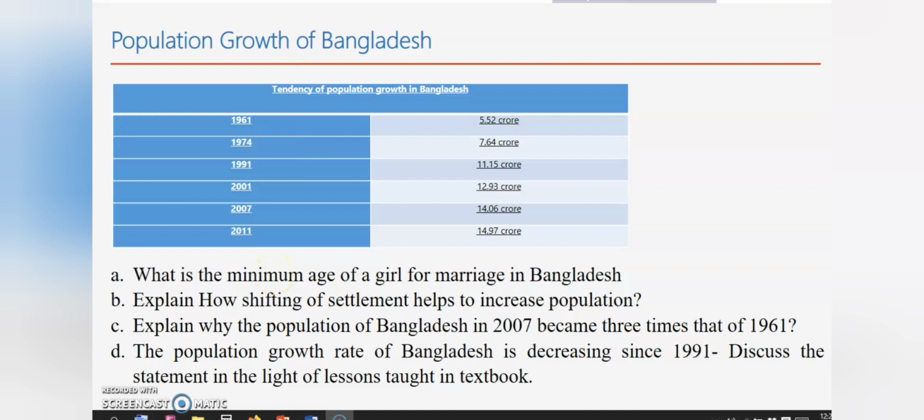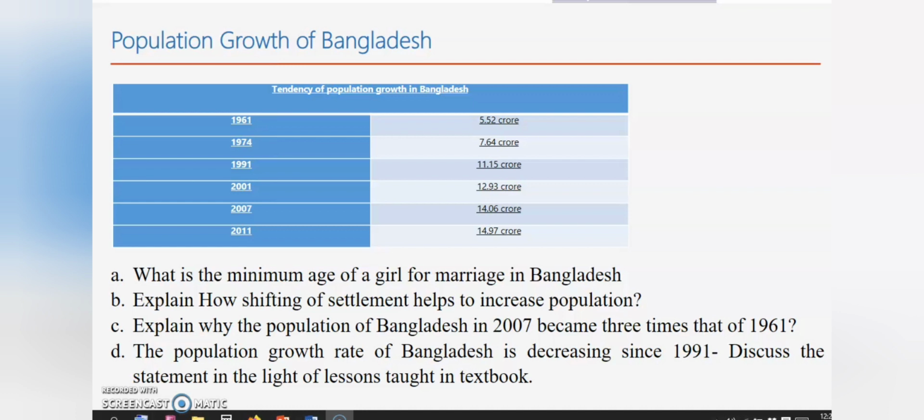Students, I have come up with another creative question for all of you from your book, which you can see on the screen. Here you can see a chart box where the tendency of population growth in Bangladesh in different years is given.